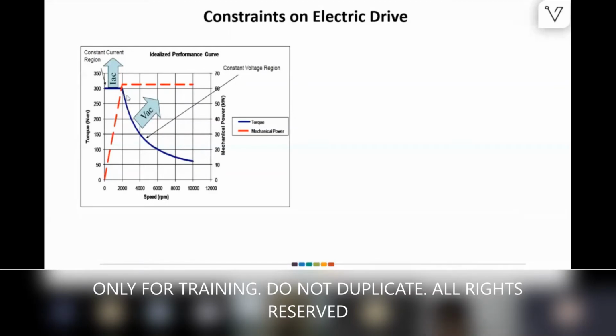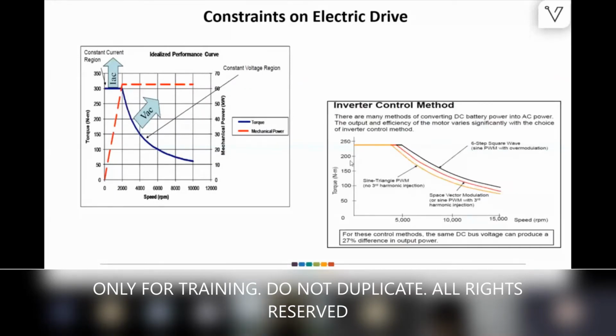So ultimately, from the battery perspective, it is the VDC, the bus voltage. Now, what impact will the inverter have on the machine, or say on the electric drive? The better the modulation strategy we have, you can see we can enhance our curve from this orange color to black color.